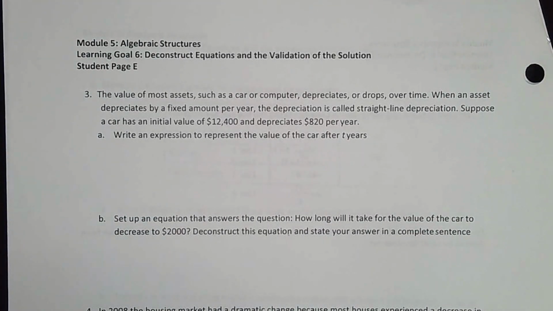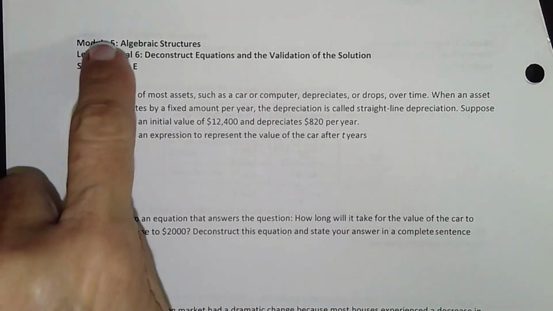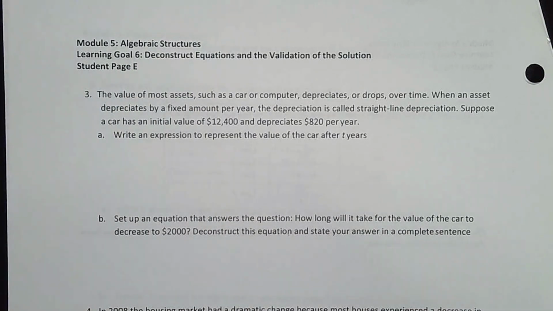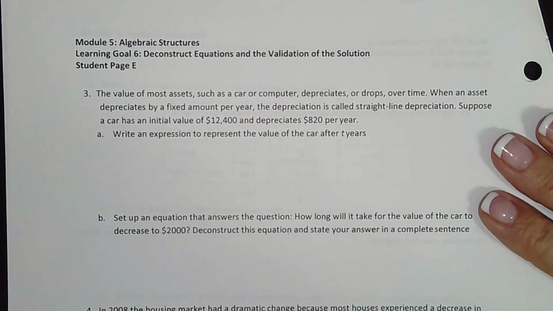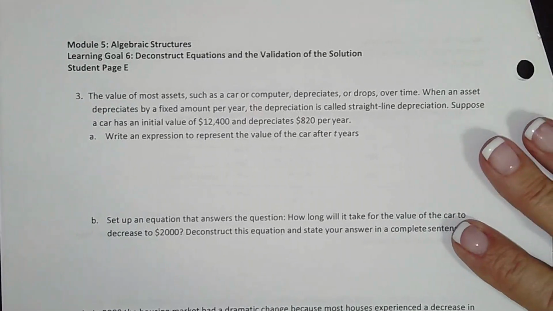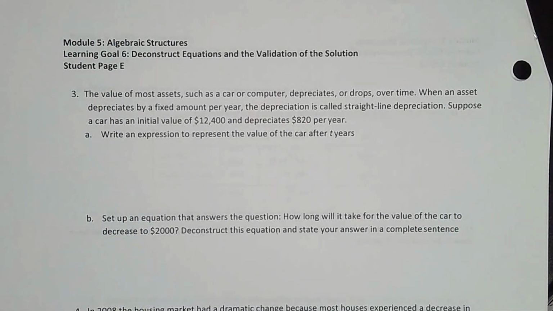The value of most assets, and this is page 2 of Module 5, Lesson 6. So page 2, we had just completed page 1. It's a 4-page section. We just completed page 1 in the last video. So most assets like cars, computers, depreciate or drop over time.